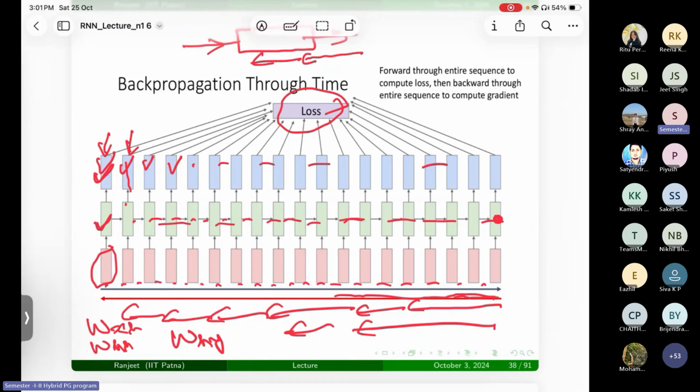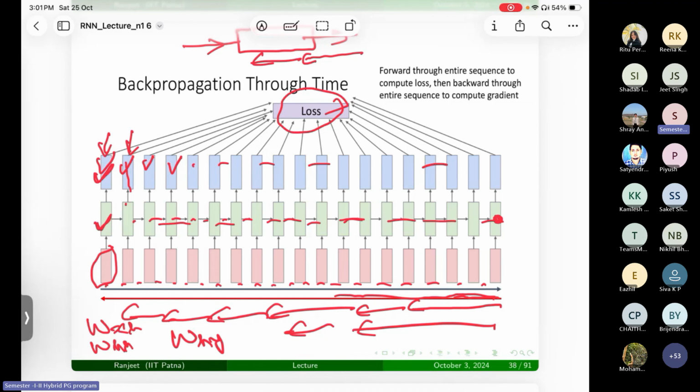And suppose something goes wrong in between, then you have to start again from the beginning, because you have not updated the W. You are waiting for every input to be processed, then aggregating all the losses, then going back to find the gradient, and then finally updating the W.